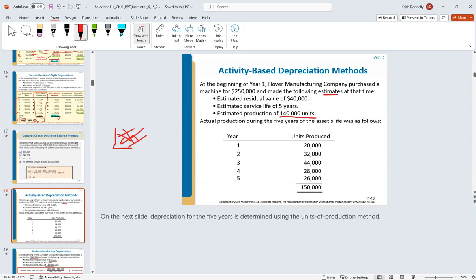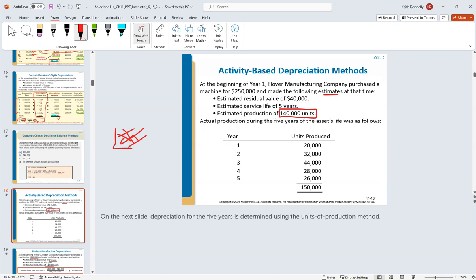The main thing here is we estimate that this machine is going to pump out 140,000 units. Like maybe we buy a KitchenAid mixer to make muffins. You know the KitchenAid mixers, they're super expensive.